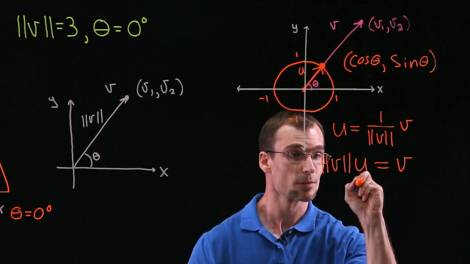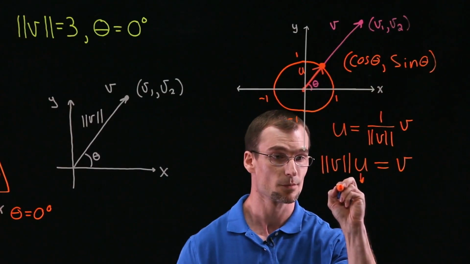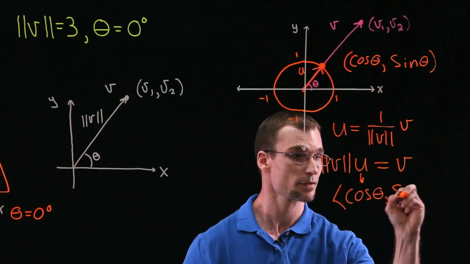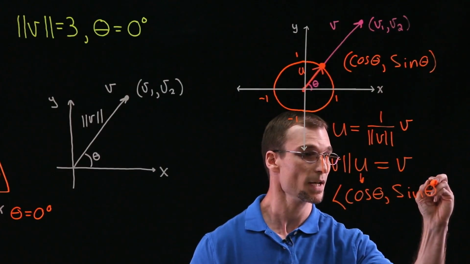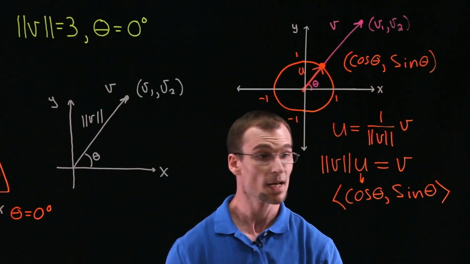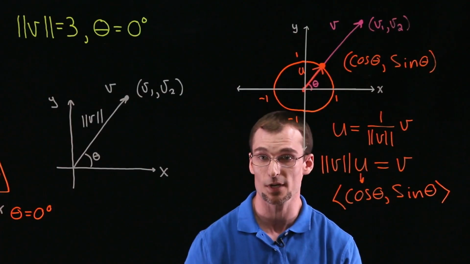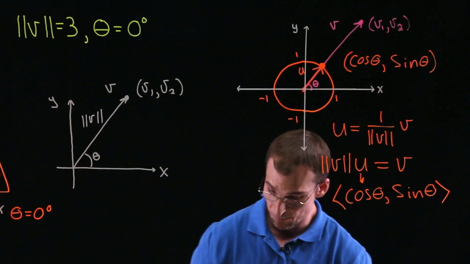So u can be written in its component form as cosine theta, sine theta. That's what we're going to use, so using this substitution is how we're going to find v. Let's go ahead and do that.